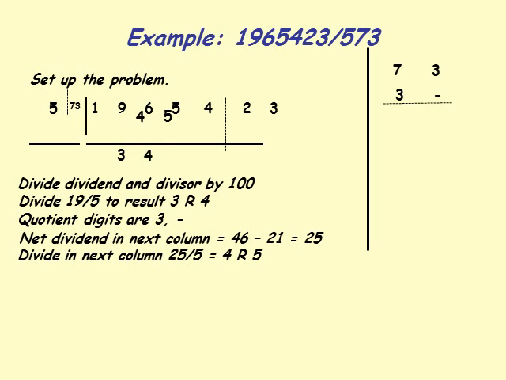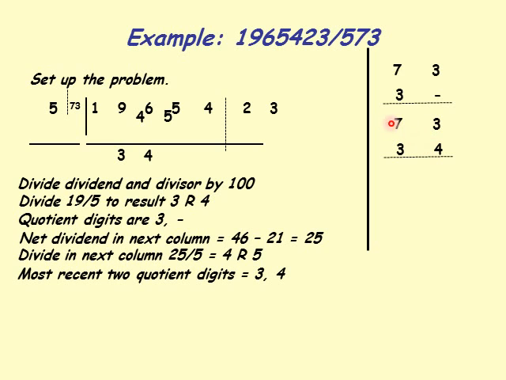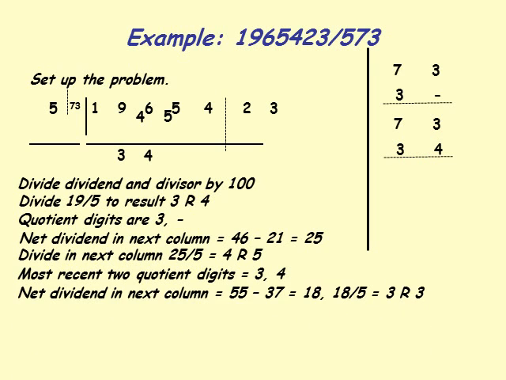We're looking for 2 because we divided by 100 here, and there are 2 digits on the flag. Let's continue. So we get an adjustment matrix: 7 and 3 from the flag digits, 3 and 4 from the quotient digits.